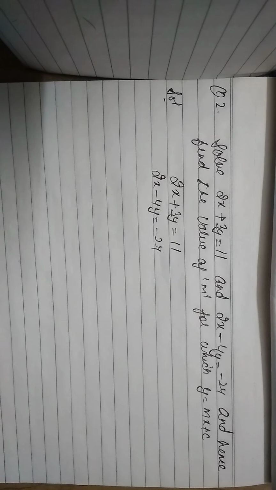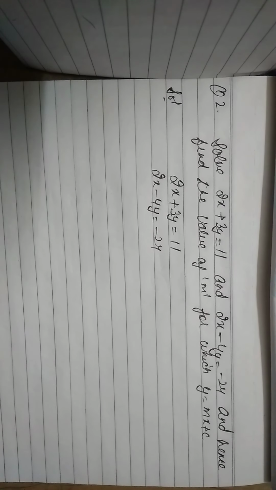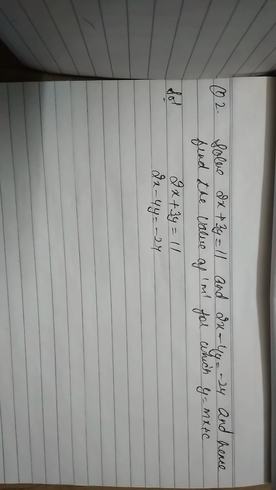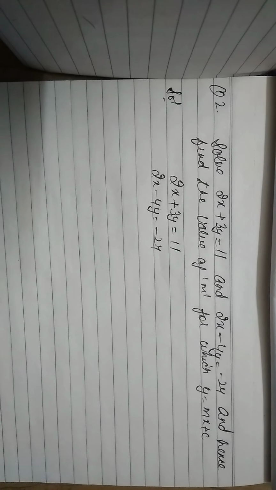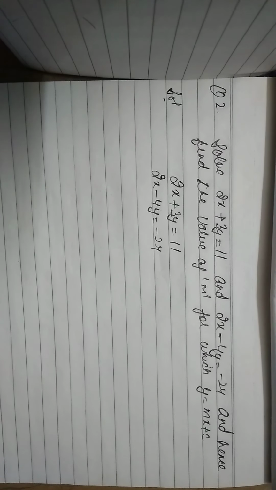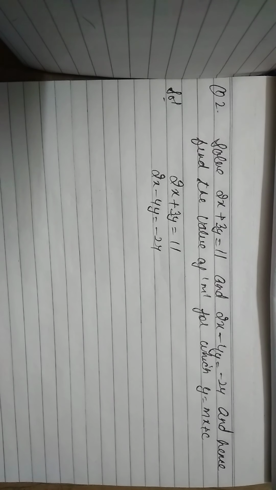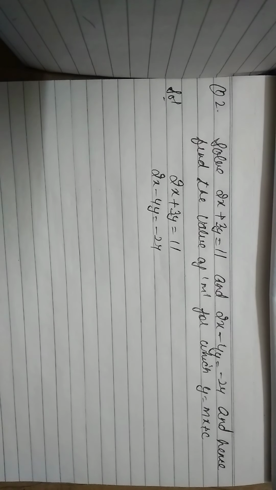Dear student, in this video, I am explaining the solution of question 2 of exercise 3.3. Solve 2x plus 3y equal to 11 and 2x minus 4y equal to minus 24 and hence find the value of m for which y is equal to mx plus c.